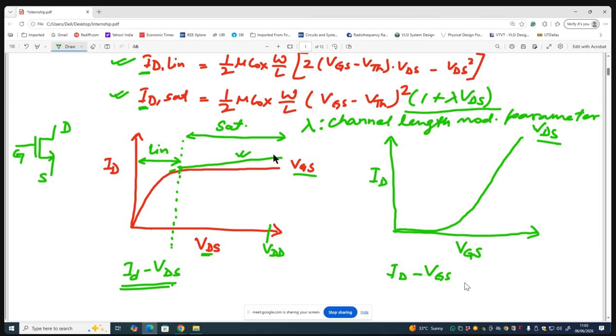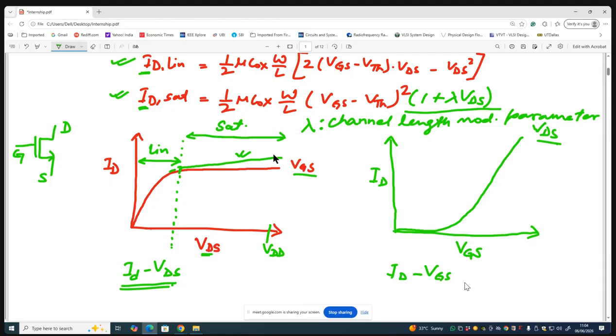So actually, when VDS increases, the effective channel length is modulated, or to be straightforward, the effective channel length actually decreases. Because what happens? Can you tell me what happens actually?